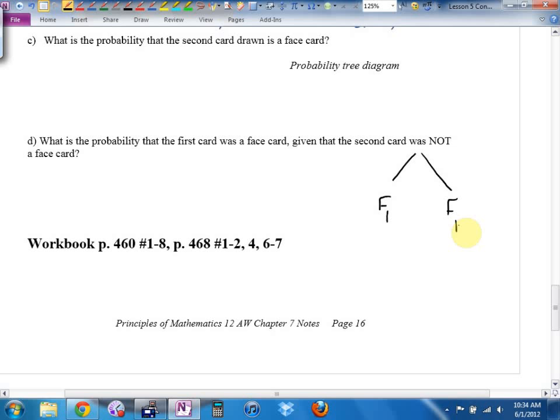What does it depend on? Whether the first card was a face card or not. F2, not F2, F2, not F2. What is a face card? Because you looked a little puzzled there. How many face cards are there in the deck grand total?